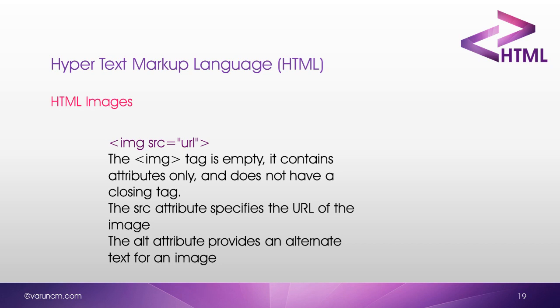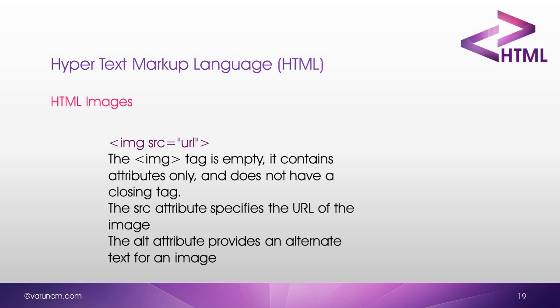This is the source which specifies the URL of the actual image which you want to link. And you can have some additional attributes like alt, that is an alternate text if some image is not opening, or if it is removed from that particular place.